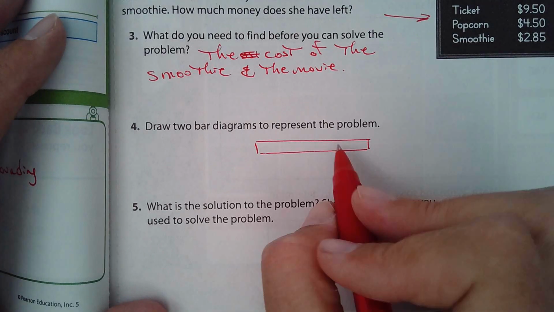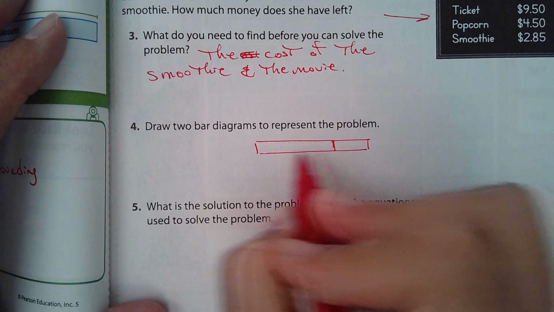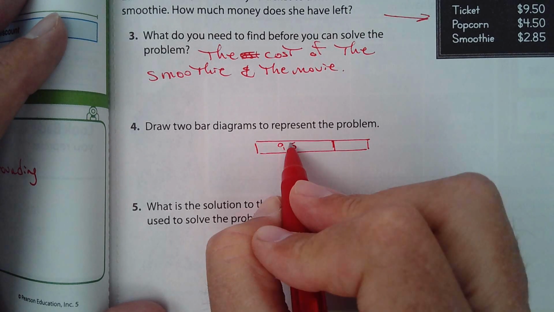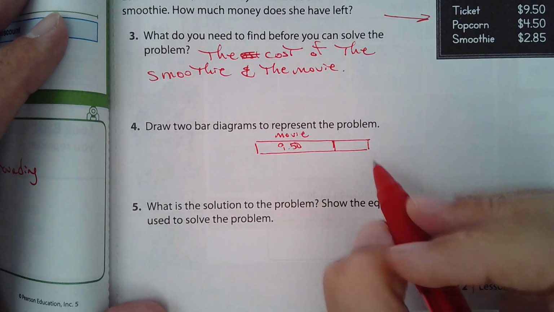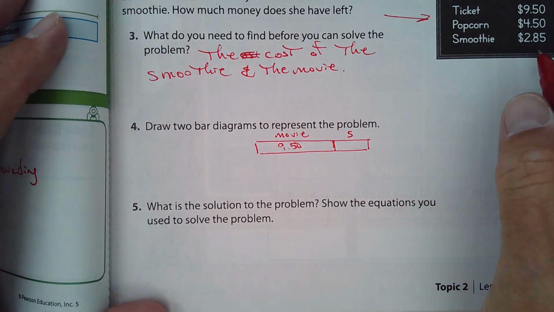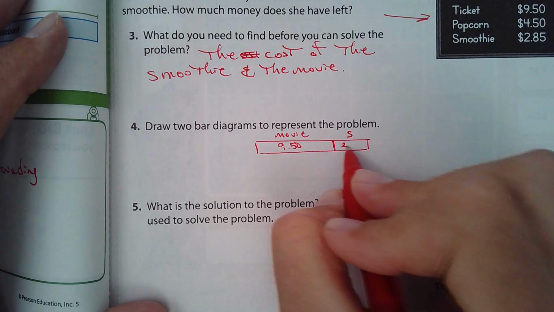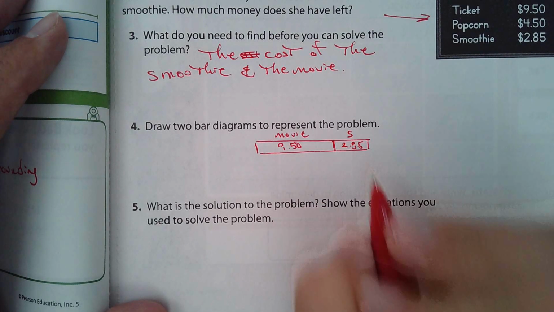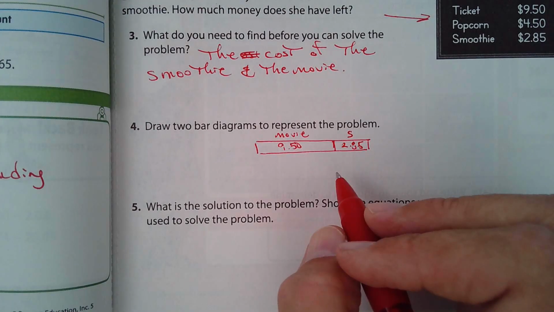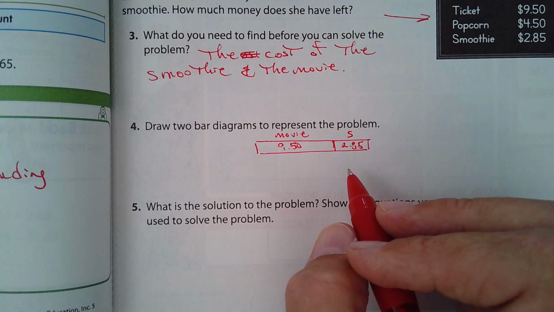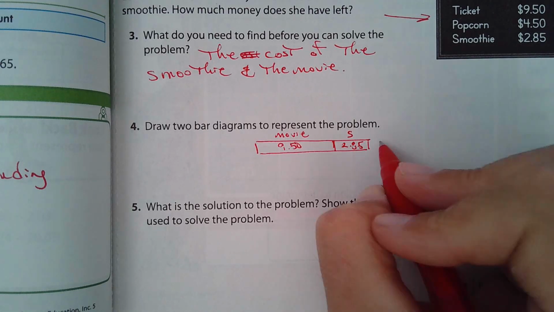That's going to be most of it. 9.50, that's the movie. And I'll put an S here for the smoothie, and the smoothie is what, 2.85. Okay? And I don't know what that is, but I'll just call it X.